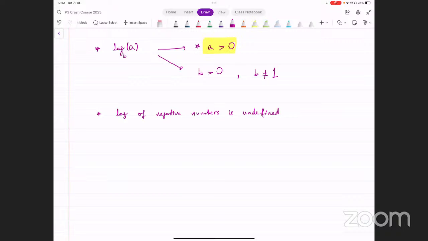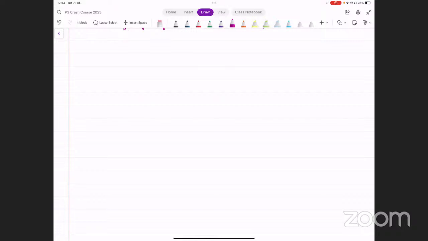Okay. So now that we understand these basics of logs, there are 2 specific types of logs which are used very commonly. And you'll find those logs in your calculator as well. They're separately mentioned. And those 2 logs are, one that has a base of 10.